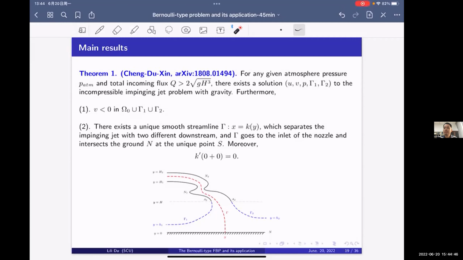This is a very good problem. We first study the steady problem, and maybe we can investigate the evolution equations with more time in the future.